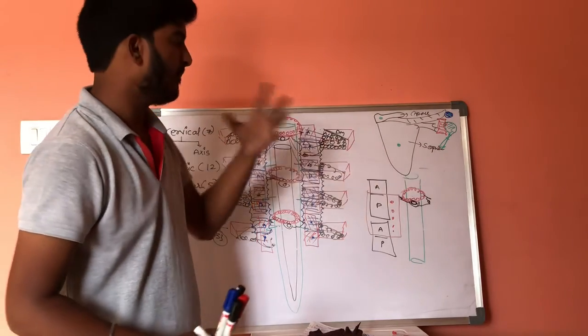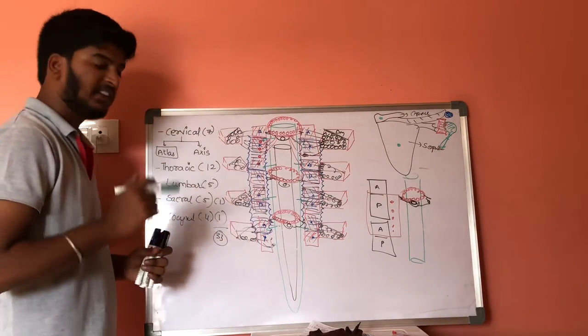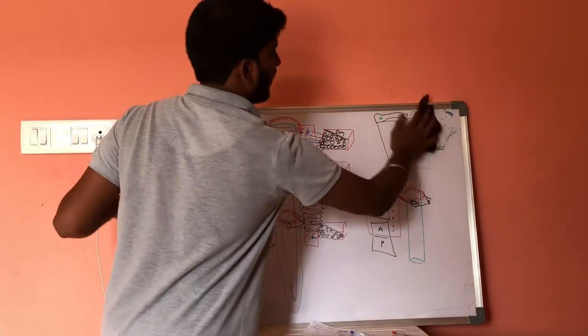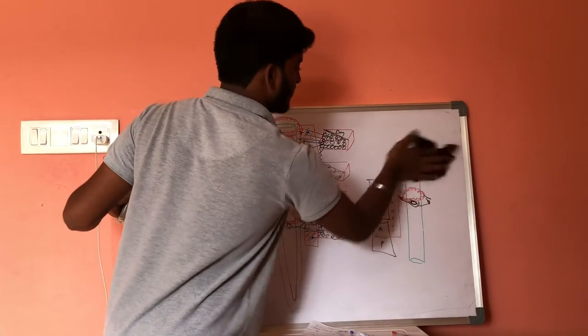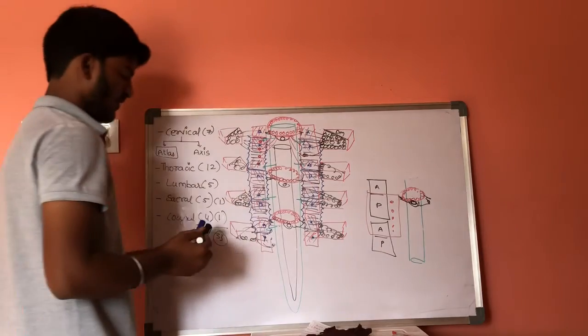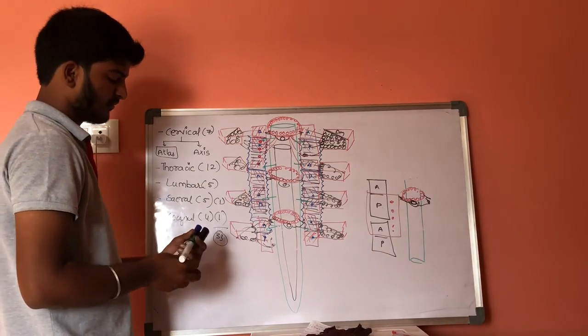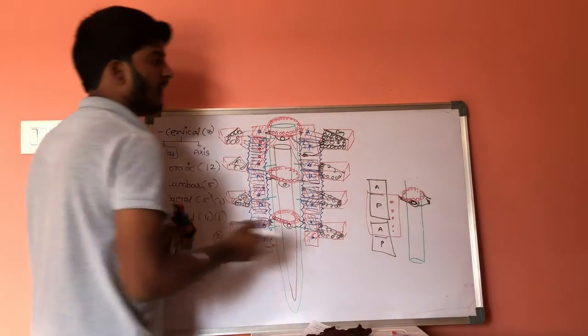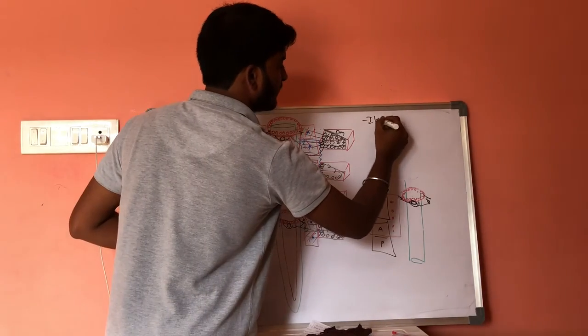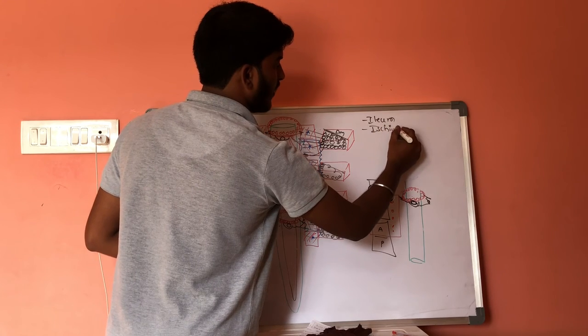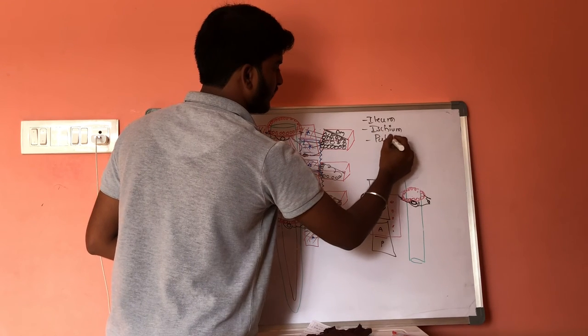This is about the pectoral girdle, and the pelvic girdle involves 3 bones. Totally it consists of 6 bones. It is a combination of 3 bones, that is ilium, ischium and pubis.